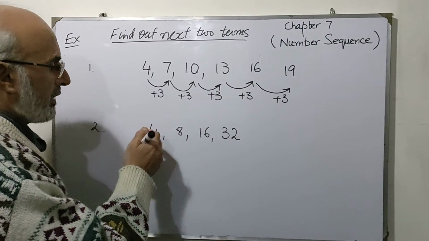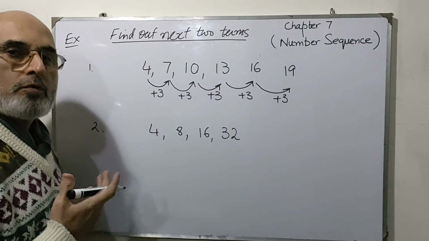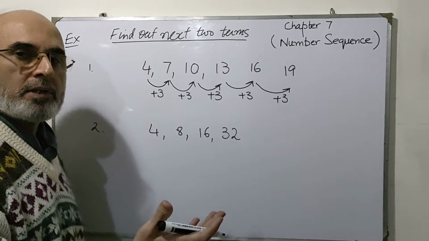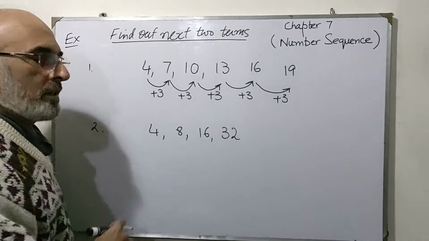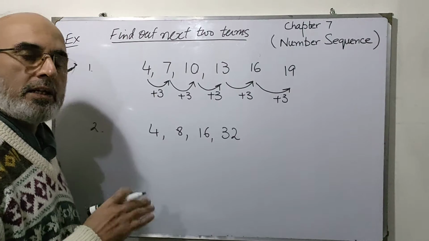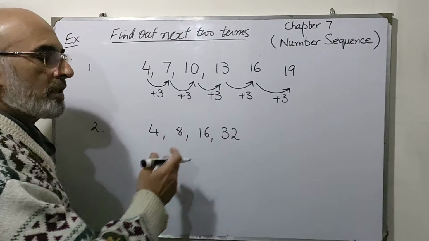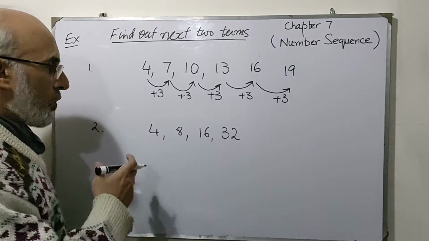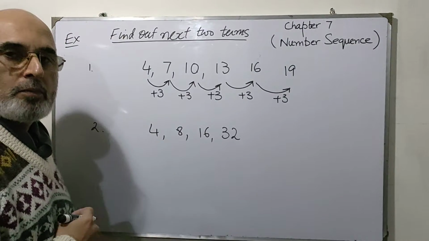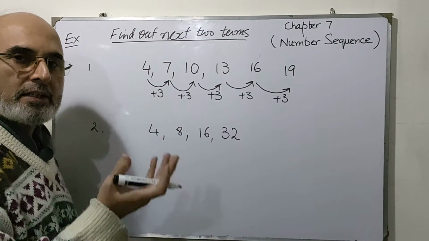If we look at 4 and 8, so 4 into something can be 8, and then from 8 to 16 we see that 8 into something can be 16, and then from 16 to 32, 16 into something can be 32. So what is that something that if we multiply with the previous term, we get the next term?